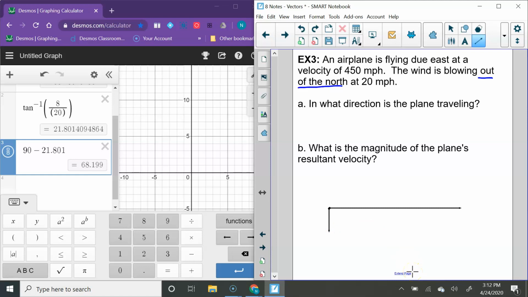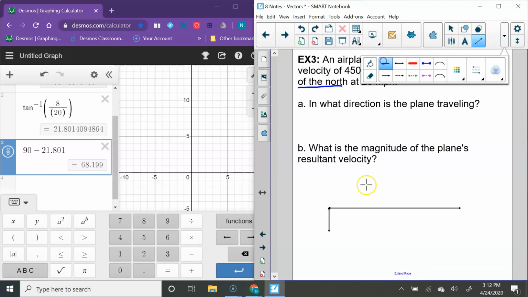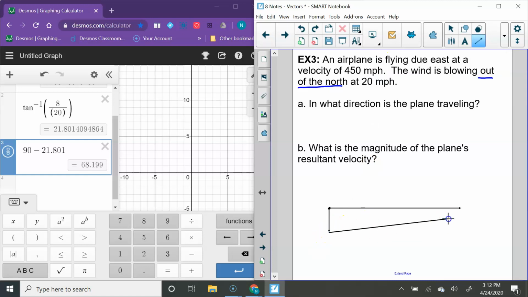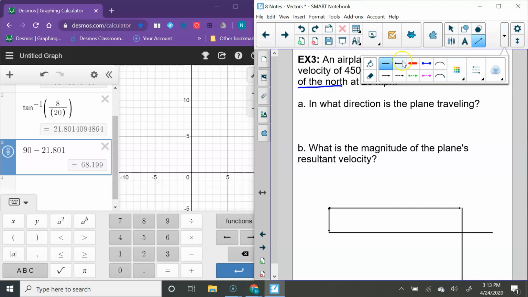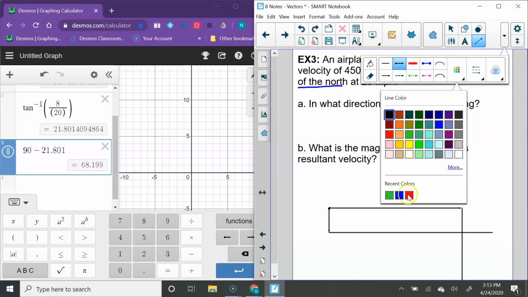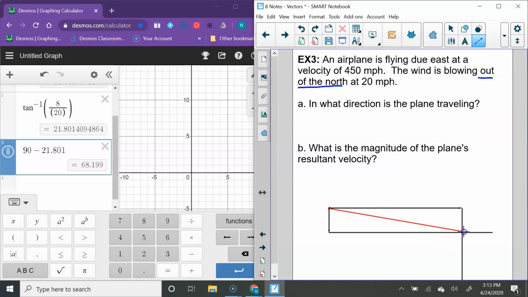If you wanted to, you could use triangle if you want. So for parallelogram method, I'm just going to make myself a parallelogram. So I'm going to draw this line on out and this line on down right here, and then the resultant vector, let's go red here, is going to go from the common endpoint to the opposite corner over here.